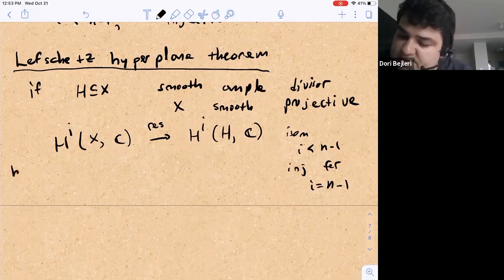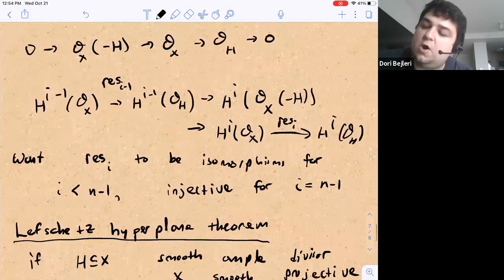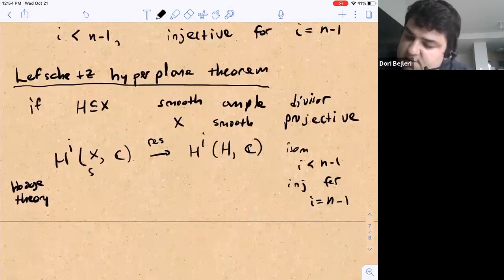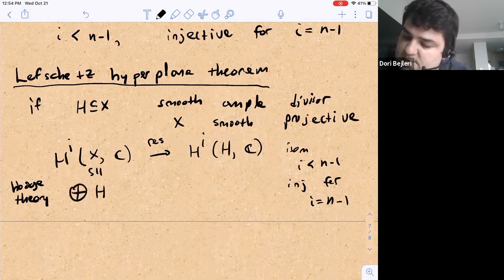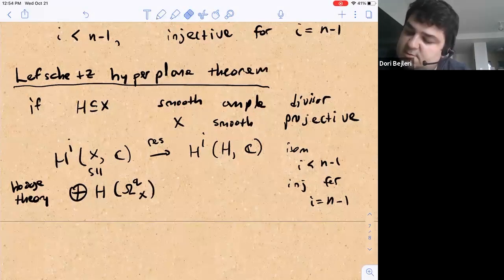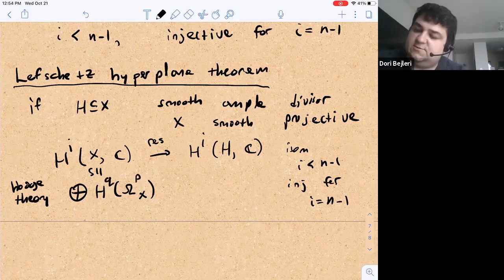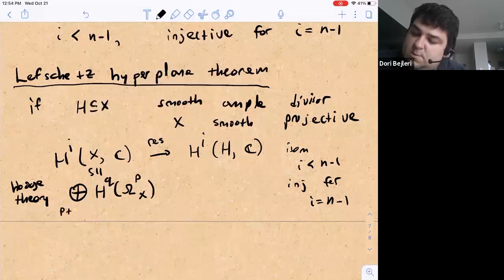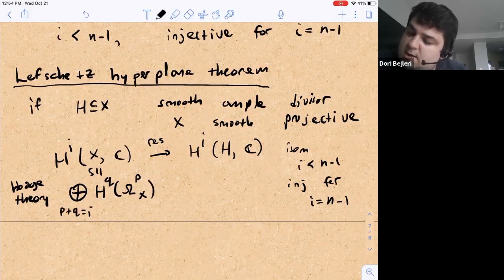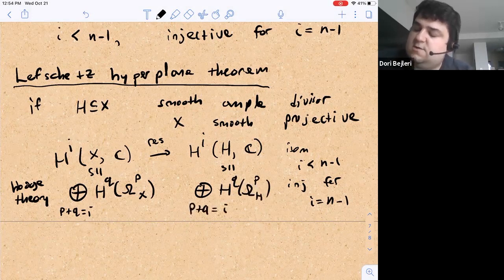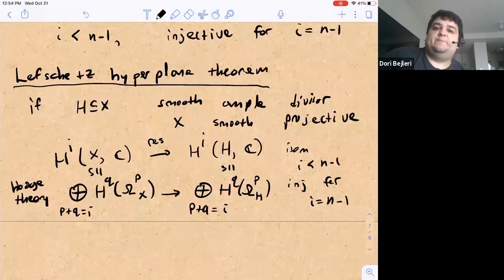Okay, but then we use some Hodge theory, because we don't care about singular cohomology, we care about the cohomology of O. But Hodge theory tells us that this is the direct sum of H^p(Ω^q_X), where p plus q is equal to i, and this is the same thing for H. And then the only input left is that the restriction map for singular cohomology is really functorial with the restriction maps for these coherent cohomologies.